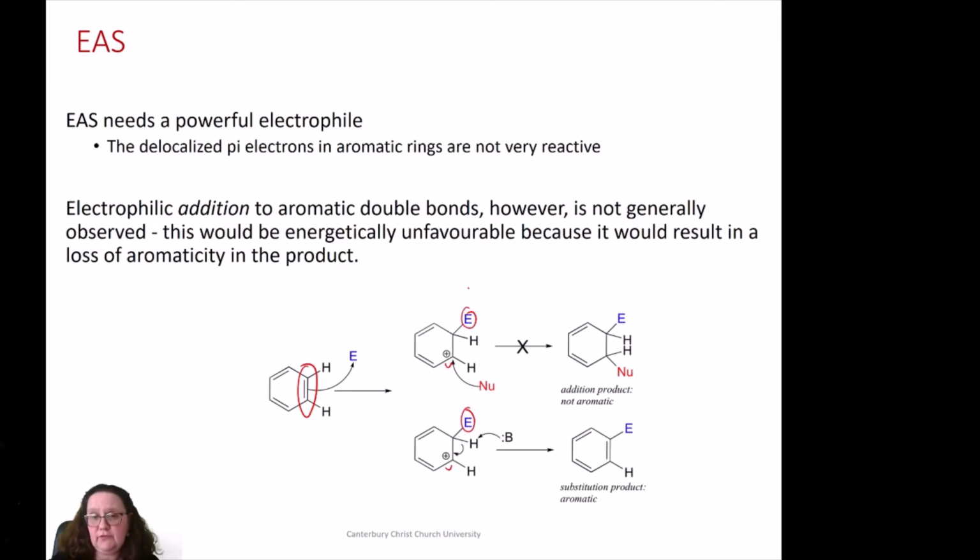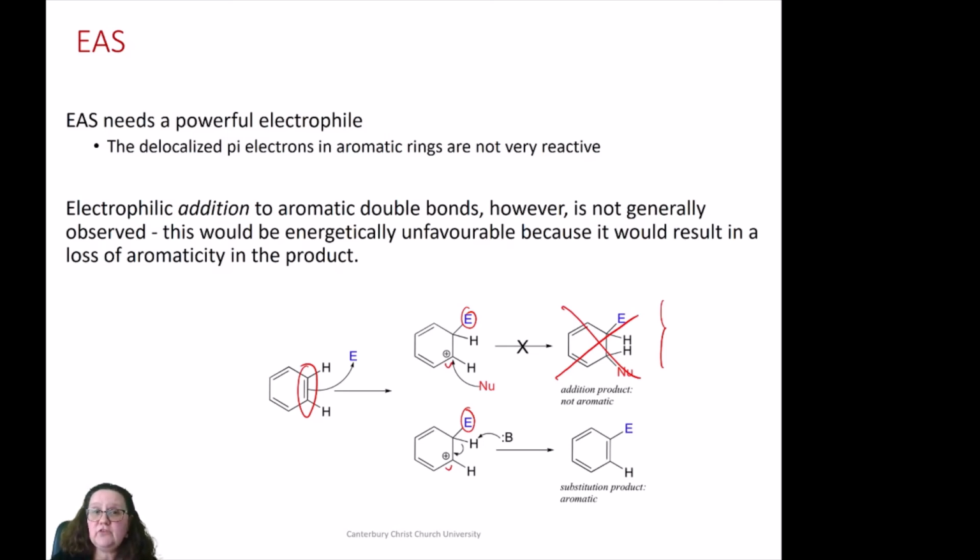If now a nucleophile attacks the carbocation, you would end up with an addition product, in which the aromaticity would be lost. You would not have the three alternated double bonds. That does not happen, because the benzene ring is so stable, and that aromaticity makes the benzene ring such a stable compound, the aromaticity is restored.